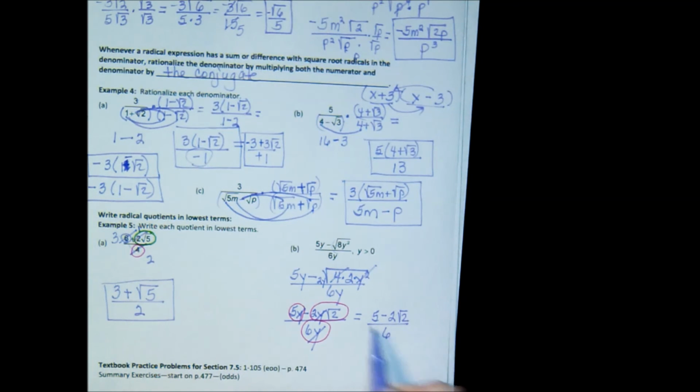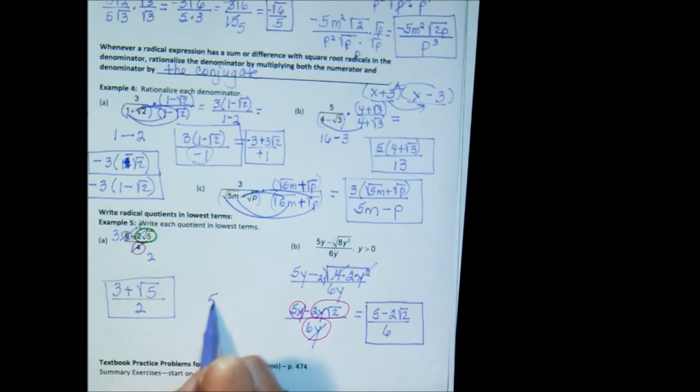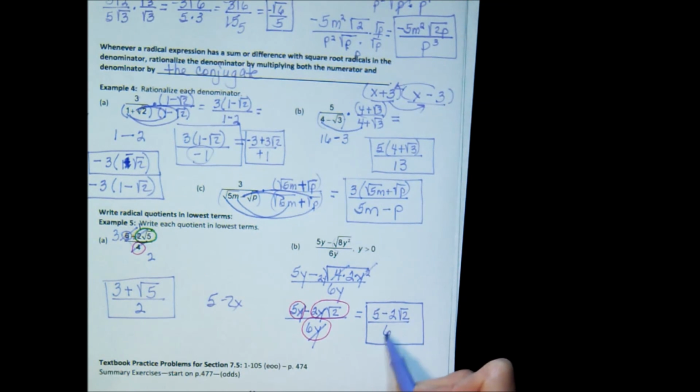A couple things that you can't do. I can't say 5 minus 2 is 3. I can't do that because it's similar to 5 minus 2x, and you know you can't combine unlike terms. I also can't cross cancel the 2 and the 6 because the 5 doesn't have a 2 that goes into it. So remember, you can't cross cancel unless all 3 terms have a common factor.